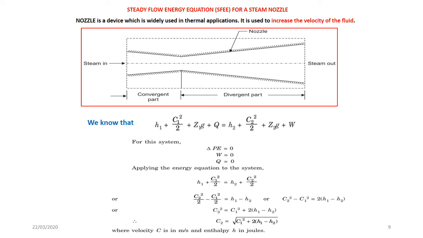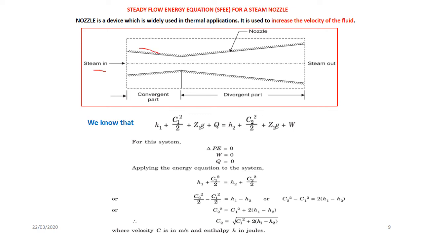Nozzles are widely used in thermal applications. In a steam power plant, before the steam turbine there will be nozzles to increase the velocity. This is a typical sketch of a nozzle, with the steam inlet.